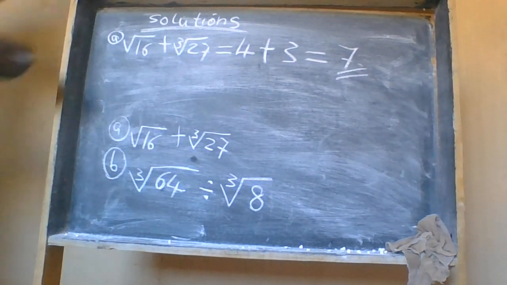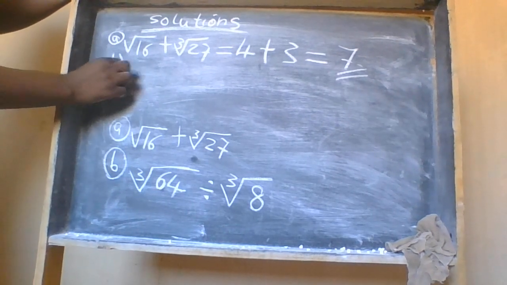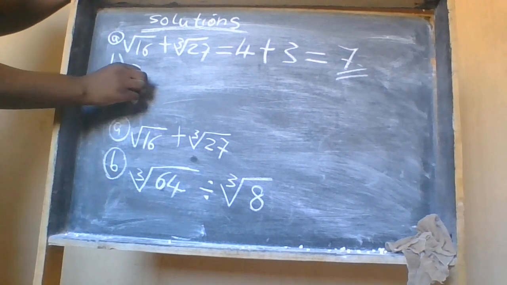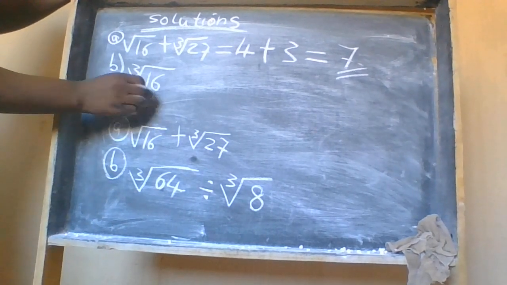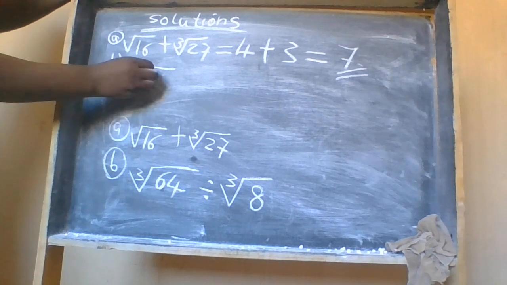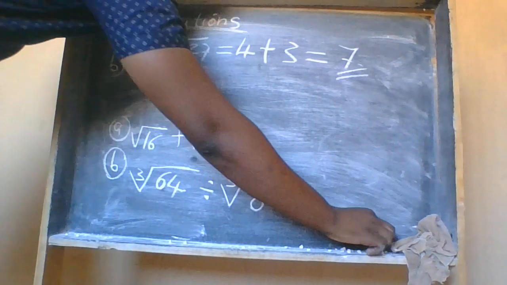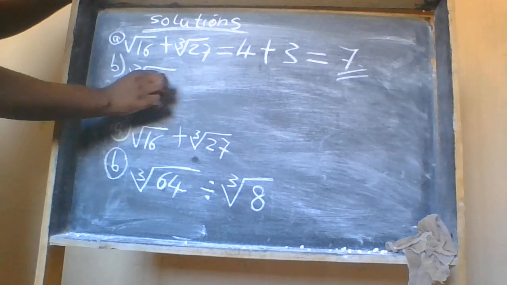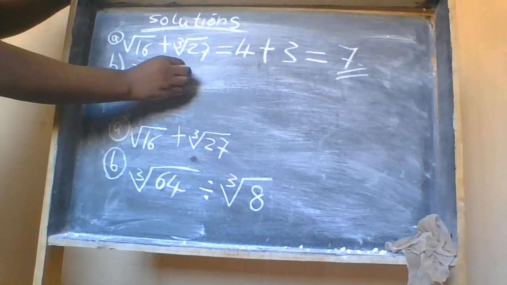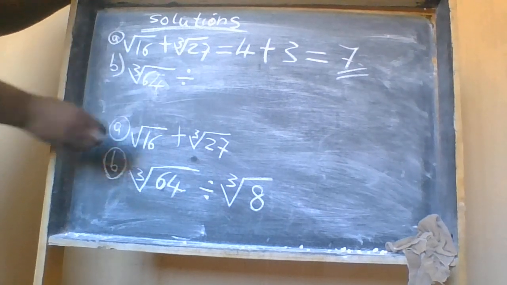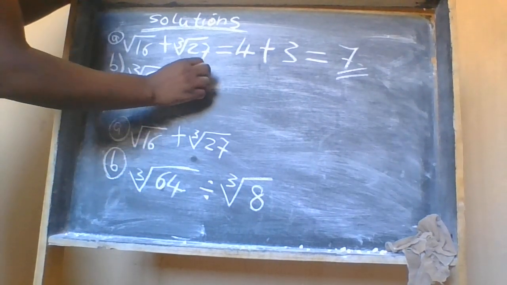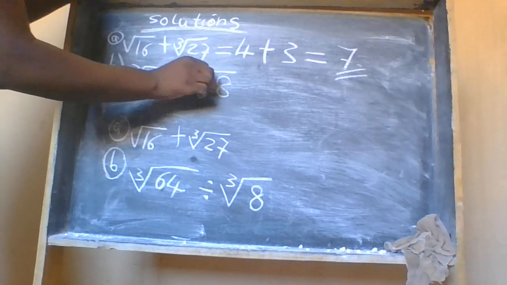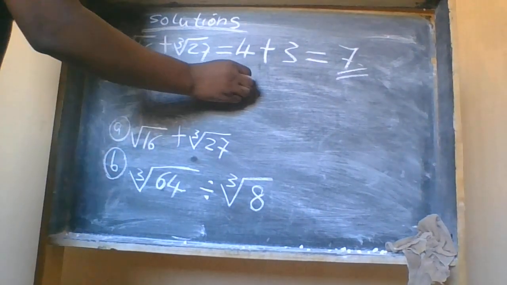Okay. Then for B, this one, we say the cube root of 64 divided by the cube root of 8.